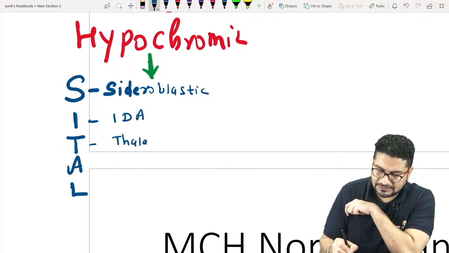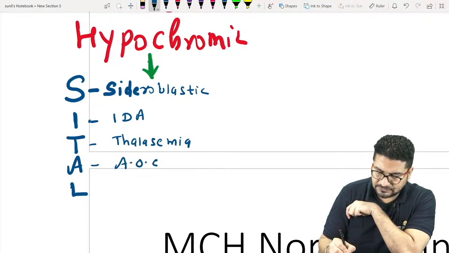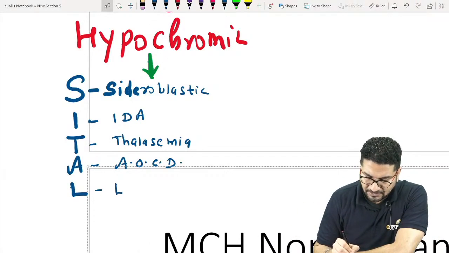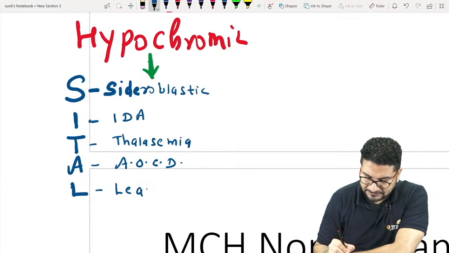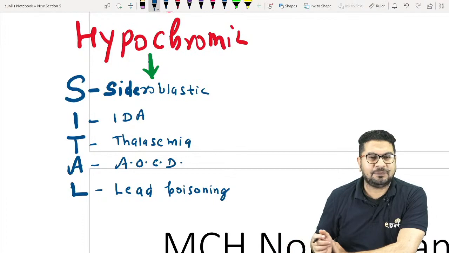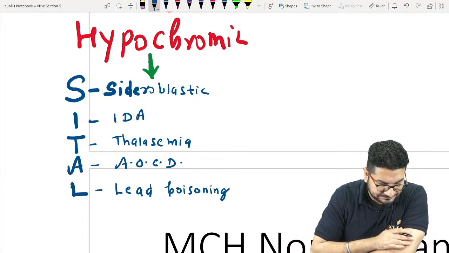T is your thalassemia. A is your anemia of chronic disease, AOCD. And L is your lead poisoning. So understand this: microcytic hypochromic anemia we can divide like this.